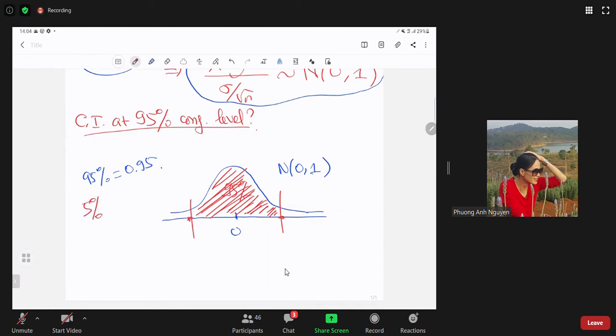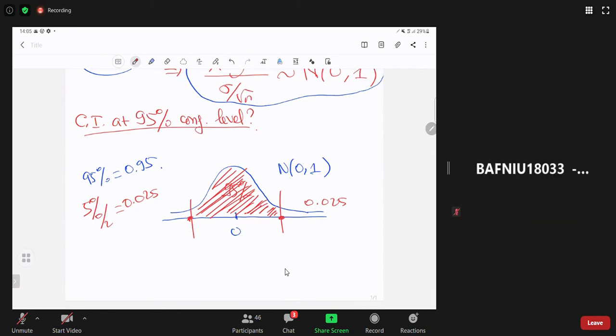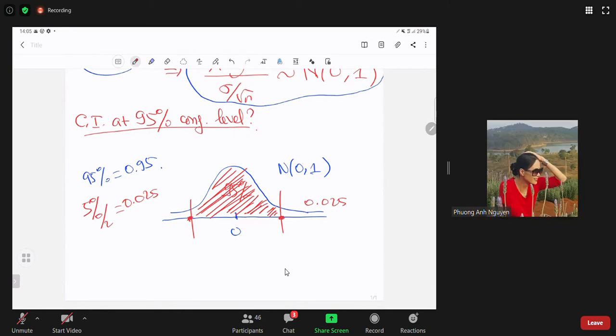Divided by 2, I get 0.025. And what is this value? This is what we call the z-score, z 0.025, and by symmetry, this one is simply the negative value, negative z 0.025.